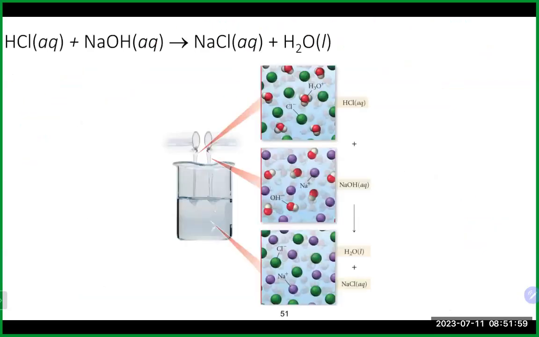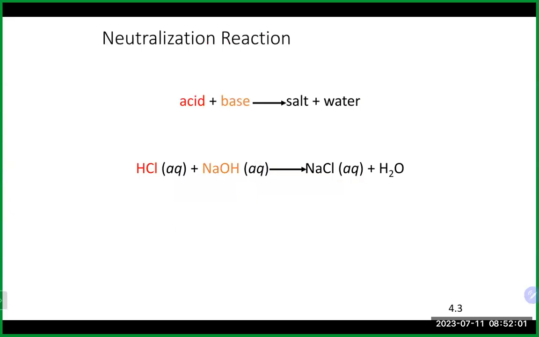In this neutralization reaction, we have our hydrochloric acid, which is a strong acid, and our sodium hydroxide, which is a strong base. Although it is an acid-base reaction, this is still a double displacement reaction. This is a positive-negative, and a positive-negative, and once again, these are going to switch partners. So although it's acid-base, it does fall under the umbrella of double displacement reactions.